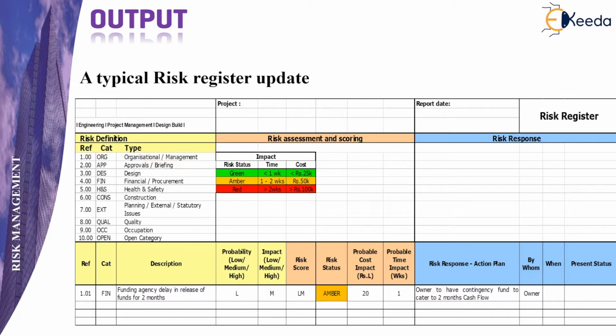Then you start recording the risk in the table below. The main columns here are the reference number, category description, probability, impact, the risk score, the risk status, the probable cost impact, and probable time impact. And then we have the risk response action plan, the owner of the risk, and by when the risk will be treated.